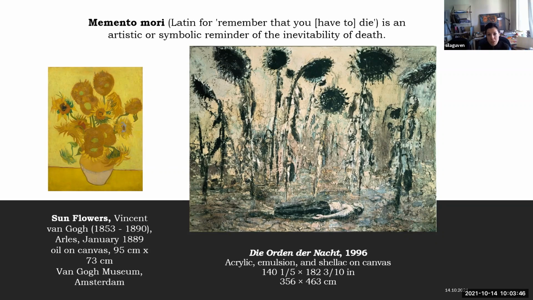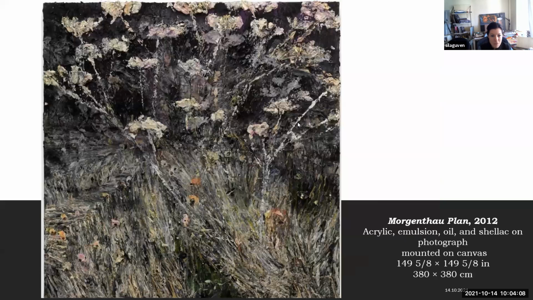It's a Memento Mori, remember you will die. And Van Gogh, Gauguin hated this painting. I know that. So I saw the same painting by Anselm Kiefer. He made the same Memento Mori.